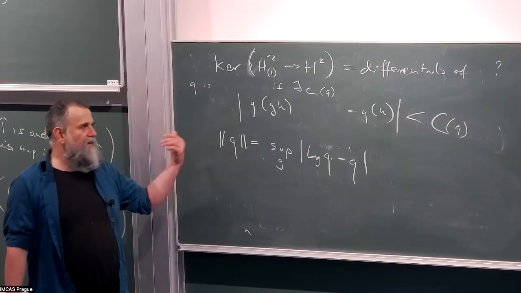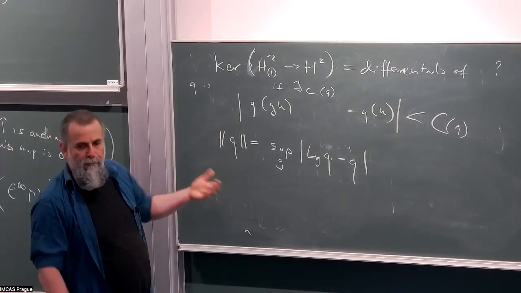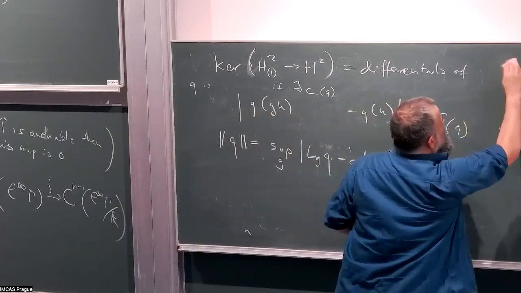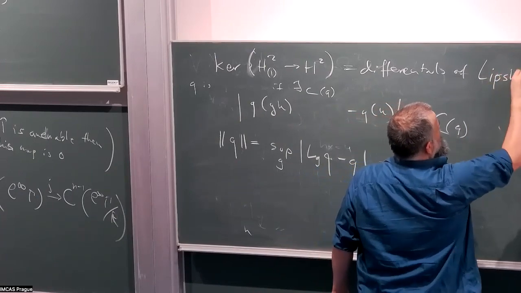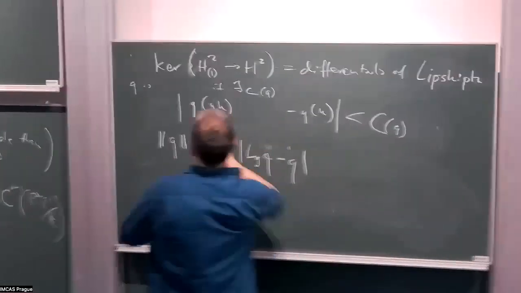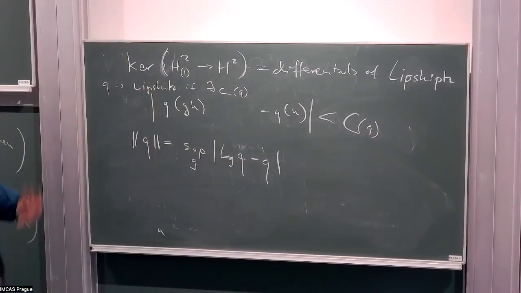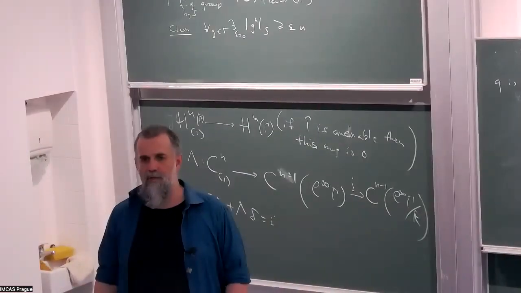On the other hand, if I have a function which is differentials of, I will drop abstractly, Lipschitz functions. Like I said, there are some length functions such that the function is Lipschitz with respect to this length function.